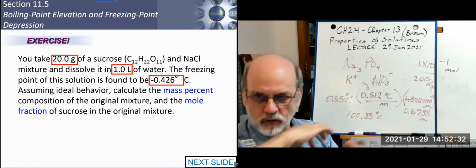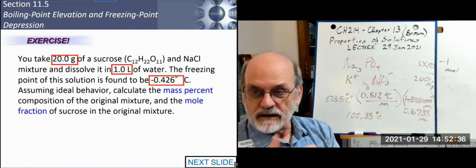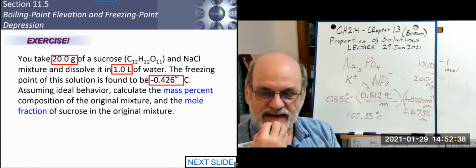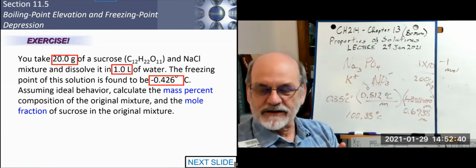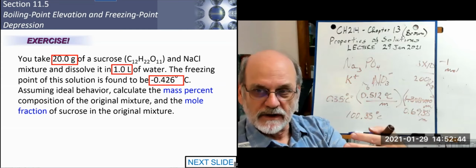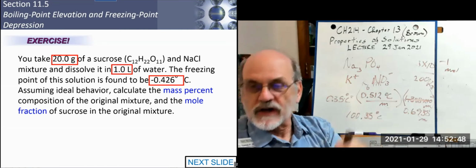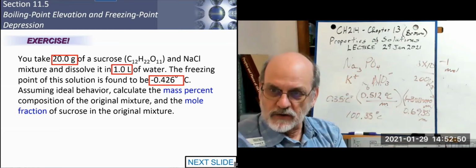So we rearrange the equation to where the molality is the unknown. And if you know the molality, you know the concentration of your solute, and you know the mass of the solvent, you can calculate the number of moles of the solute.